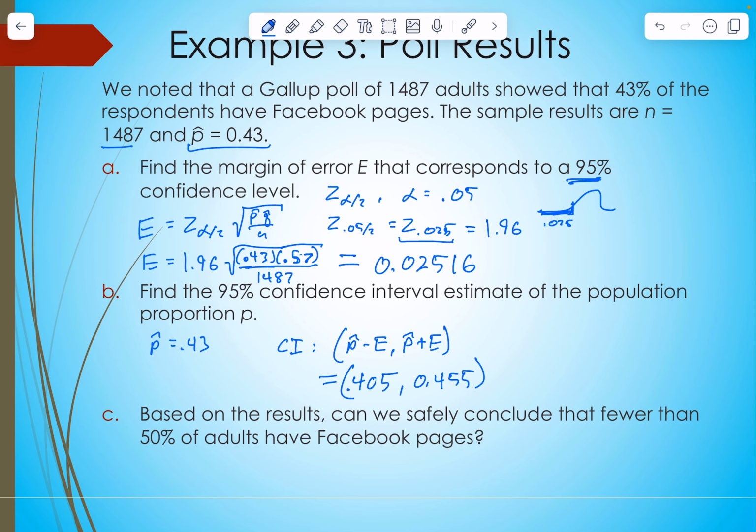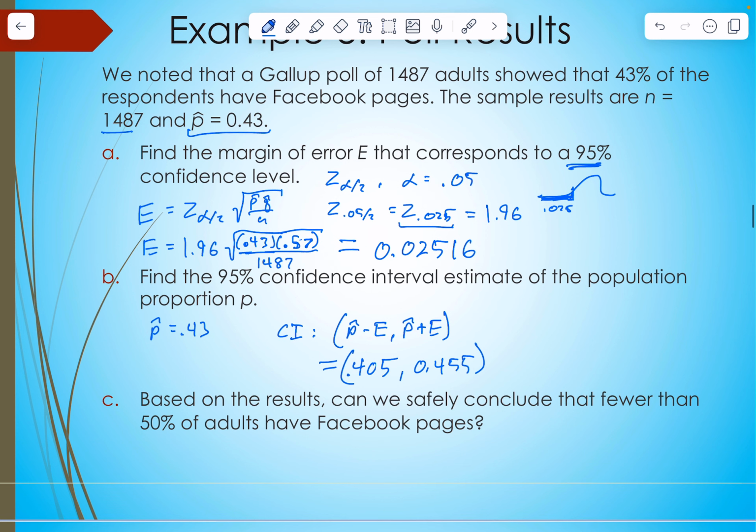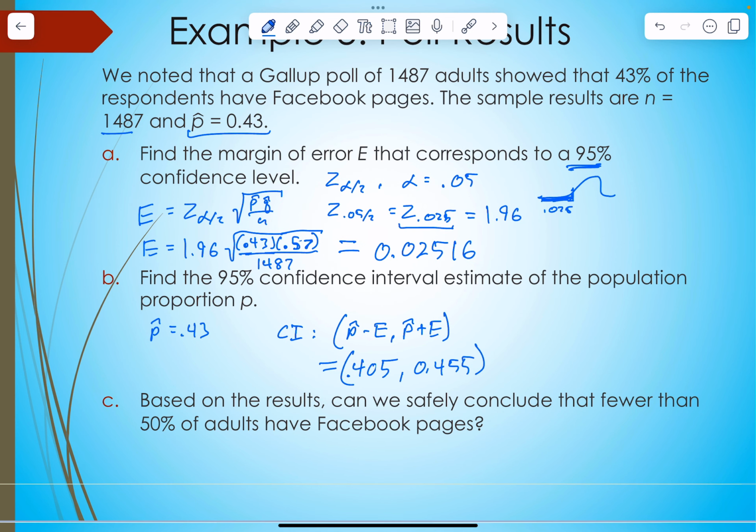Based on the results, can we safely conclude that fewer than 50% of adults have Facebook pages? The answer is yes.